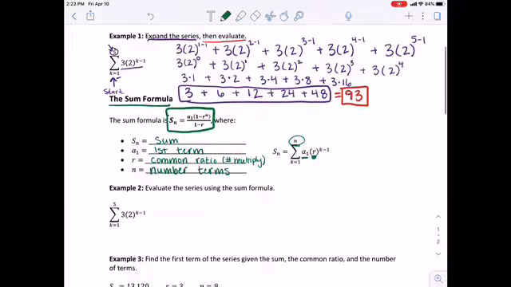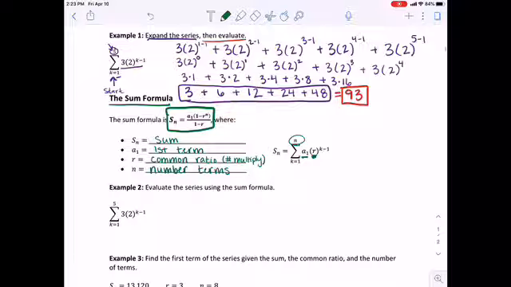So knowing that, I can go ahead and solve the exact same problem using this sum formula. So to do that, I'm going to say that S sub n, the sum that I'm looking for, is equal to A sub 1. Well, that A sub 1 in this problem is the 3.